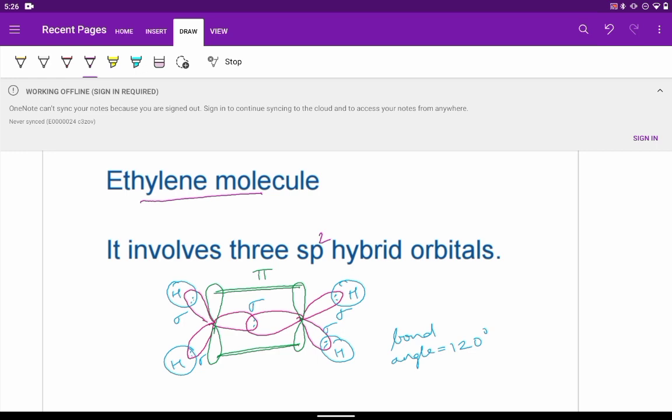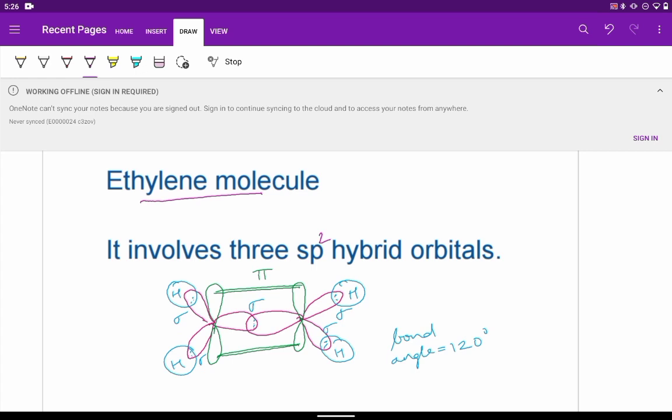These sp2 hybridized orbitals will form sigma bonds. One of the orbitals of each carbon overlaps with an sp2 hybridized orbital of the other carbon to form a sigma bond, and the rest of the two sp2 hybridized orbitals form sigma bonds with two hydrogen atoms. Same story for both the carbons.